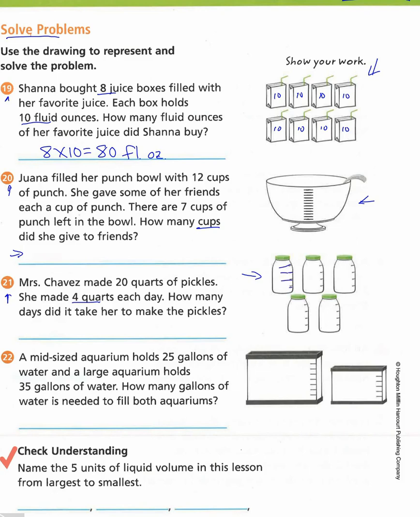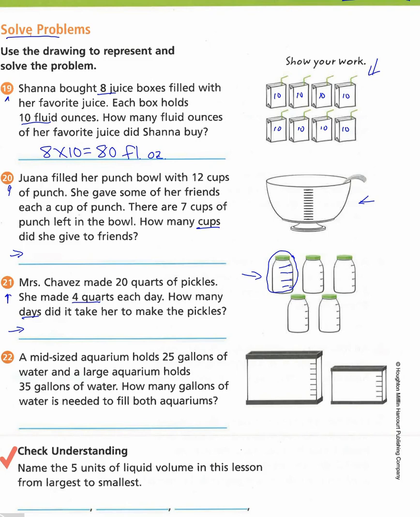So I think each line on these bottles represents a quart. So this would be 1 day's worth of pickles. So it's pretty straightforward. But go ahead and write your equation here with your answer. How many days, remember that's our label, how many days did it take her to make the pickles? And then when you're ready to go on, let's look at the last problem.